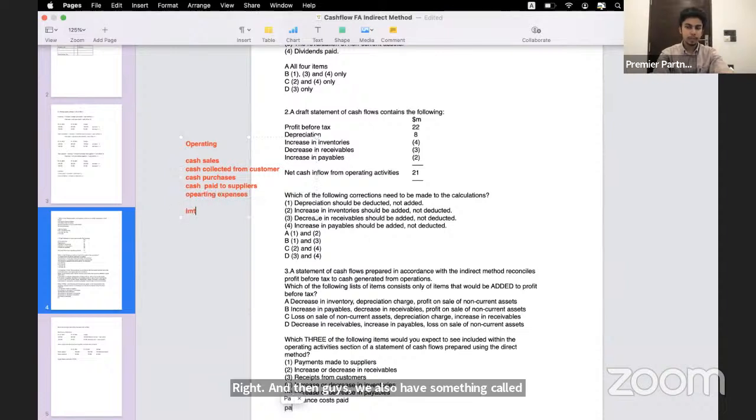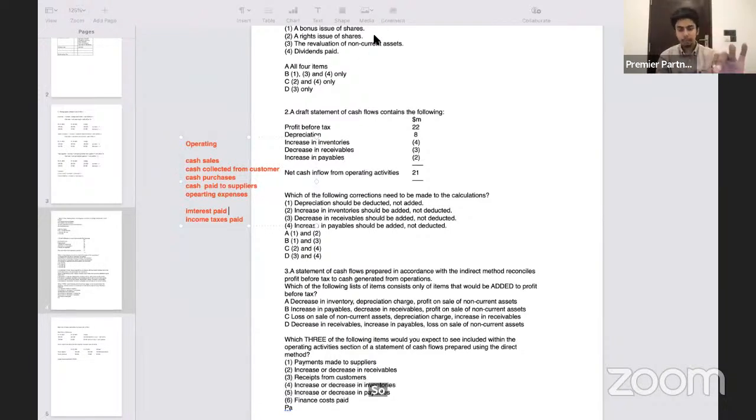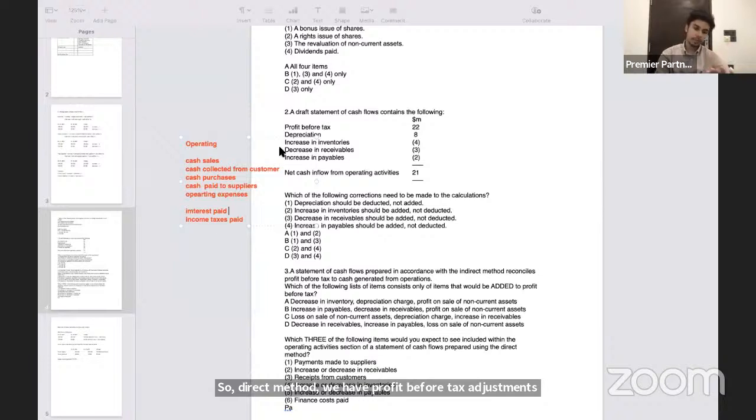After that, like normal, we have the interest paid, as well as the income taxes paid. So these are the normal things that we have in the cash flow statement for operating activity. The indirect method has profit before tax, adjustments, working capital changes, interest and income tax.